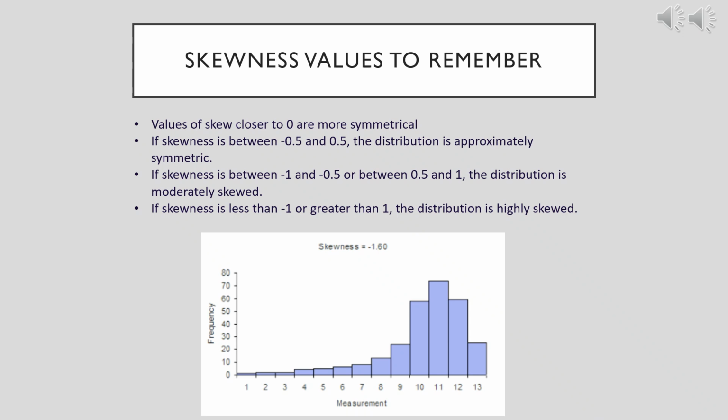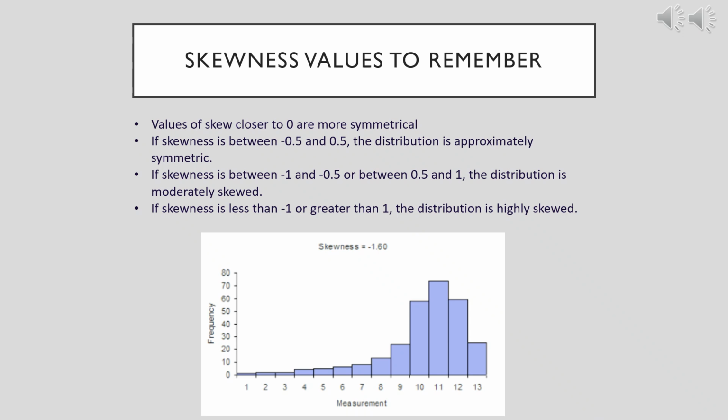And so you can see in this example here, the skewness is -1.60. So that means that this distribution is left skewed, it's negatively skewed, and it means that it is highly negatively skewed because -1.60 is less than -1.